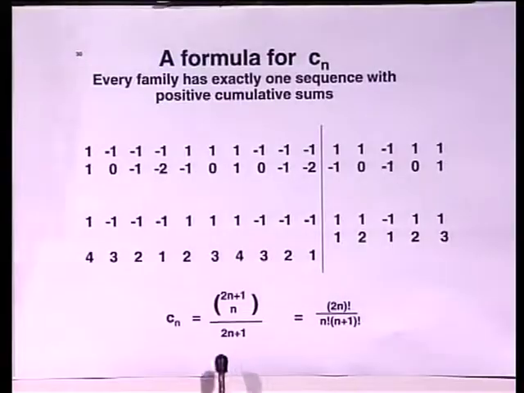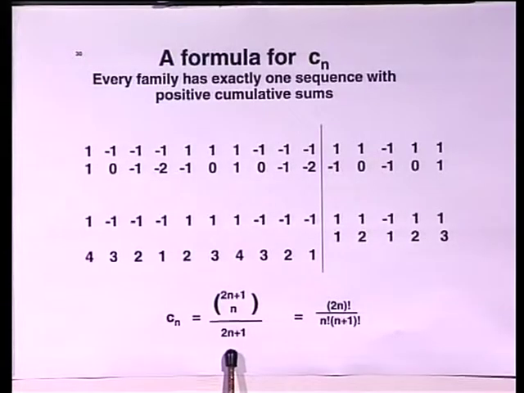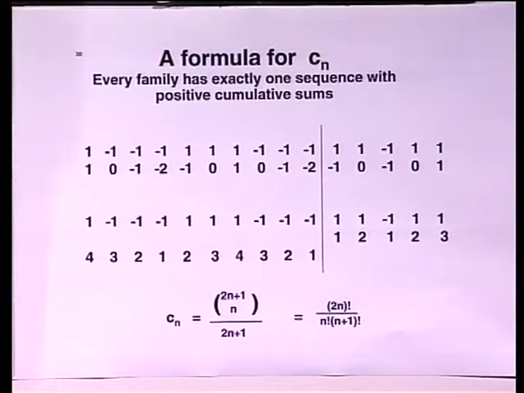And so we've now calculated all the different steps of the proof, and we can deduce that the Catalan number is the number of sequences divided by the family size, and that number, as I mentioned before, we can now give explicitly because there is a formula for this 2n plus 1 choose n number.